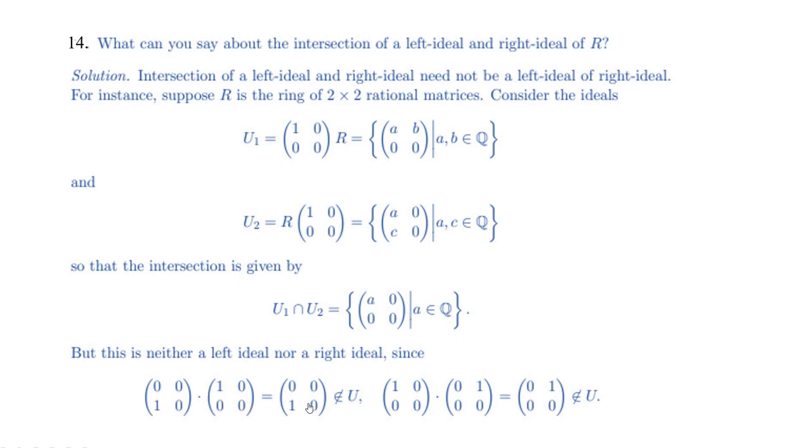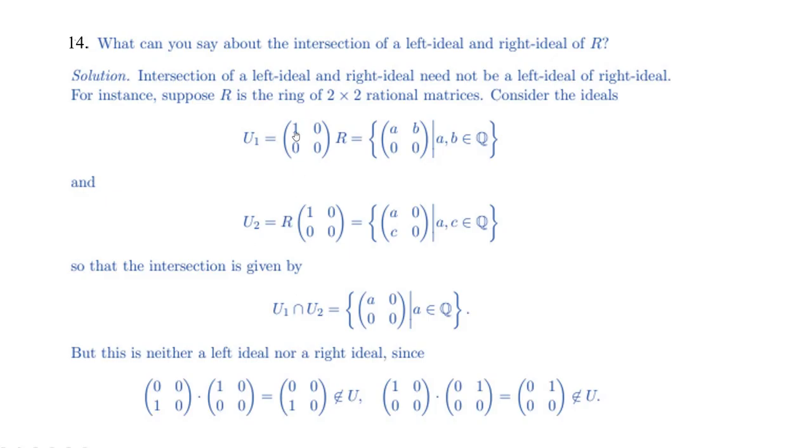So you get that to be this one, which does not belong to U. And in the same way, we consider any element as 1, 0, 0, 0 and any element from R. When we compute that, this is what we get, and this is also not present in U, which stands for this intersection. So it is neither a left ideal nor a right ideal.